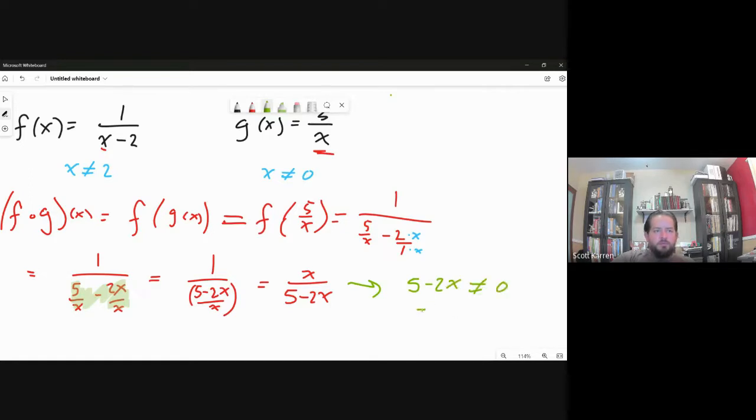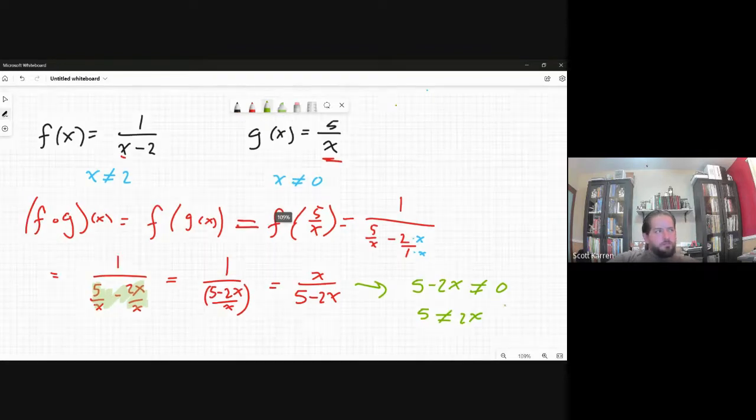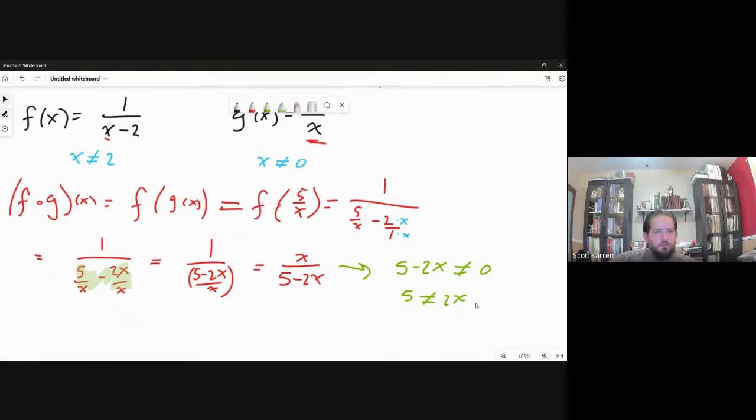Or 5 can't be equal to 2x by adding the 2x to the other side. And then, of course, dividing by 2 gives me my domain. x cannot be equal to 5 halves, right?